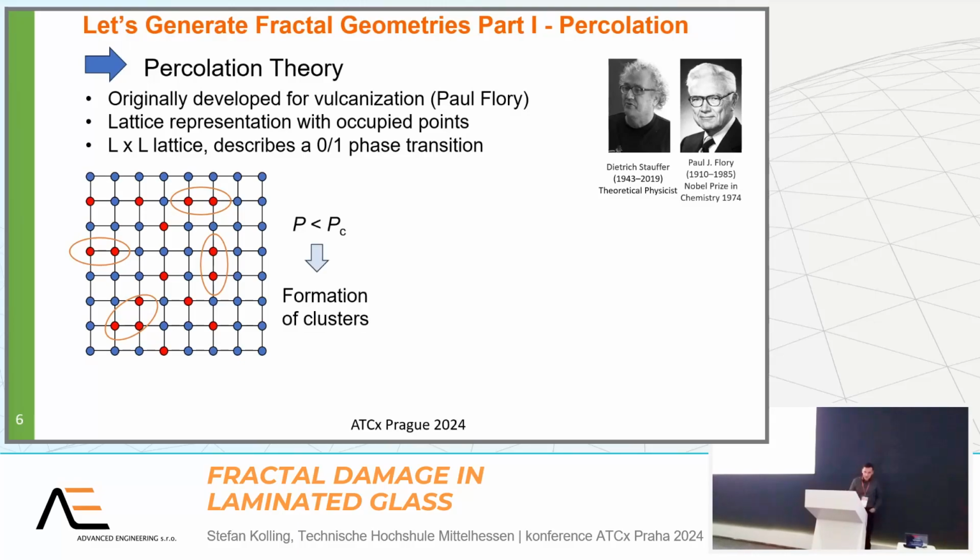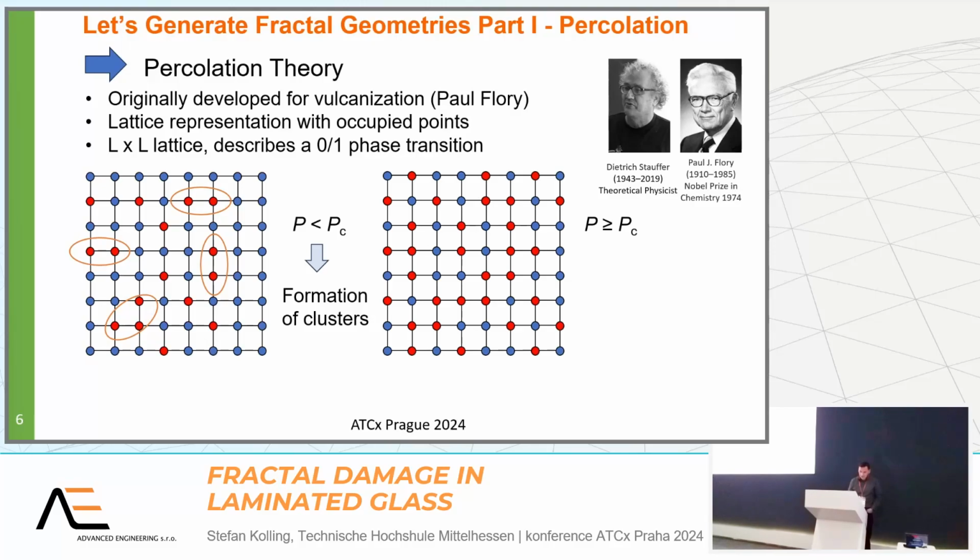Clusters form if the probability exceeds a critical value. If the probability is larger than the critical value, then we have another effect: an infinite cluster.